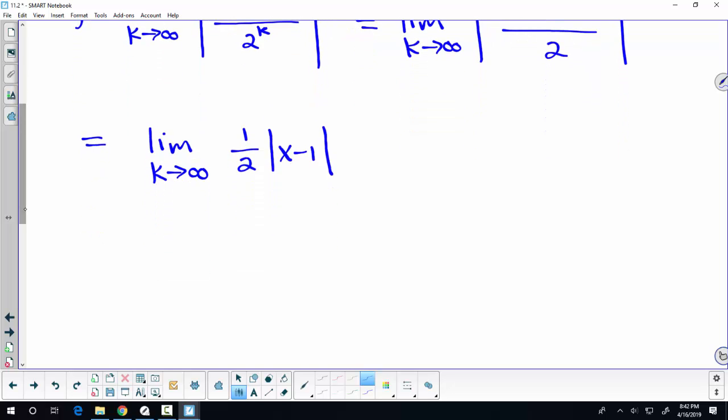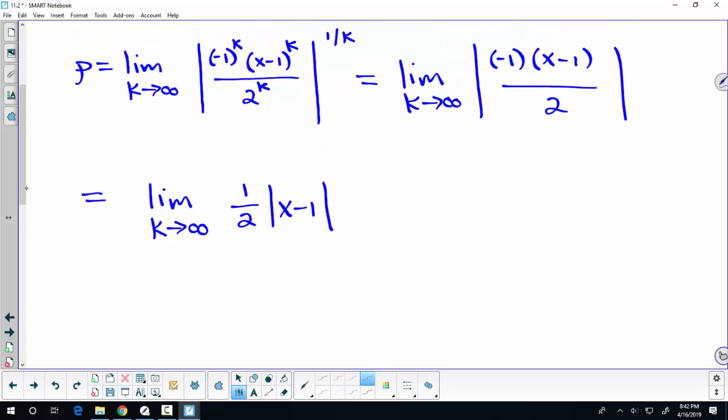The limit as k approaches infinity of 1/2 times the absolute value of x minus 1. Why did you put it to the power of 1 over k? Because that's the kth root, instead of writing out the kth root. Like the square root is the power of 1/2.